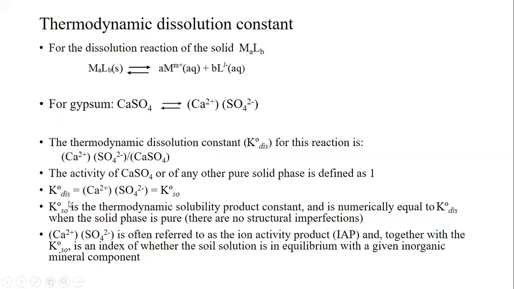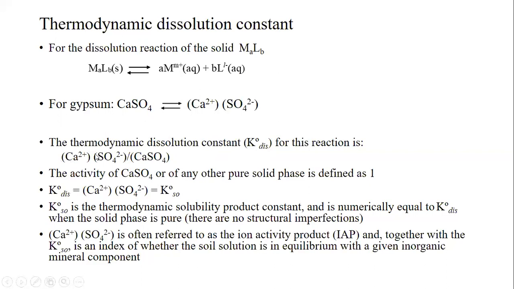So K0 of the solution, when we put this 1, becomes calcium activity times sulfate activity equals K0 of SO. Remember, here we call it the solution constant. Also, we call this the thermodynamic solubility product constant because it now became only the solubility product of the two activities.